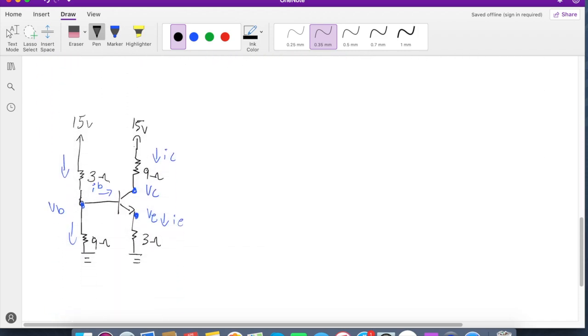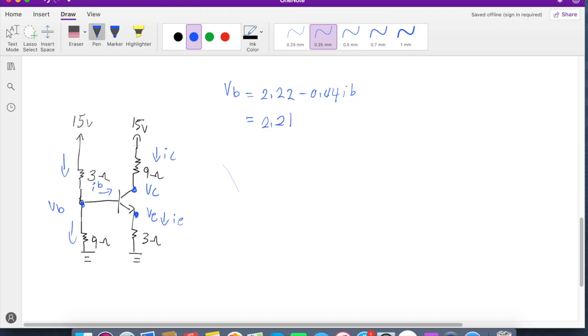Now, let's find the voltages. So using our given values, we can simply write out formulas for each of them. From our KCL that we found earlier, we know that VB is equal to 2.22 minus 0.44 IB. Now we could simply plug in IB and we end up with 2.21 volts. Remember, we plugged in 5 times 10 to the negative 3 amps for IB.